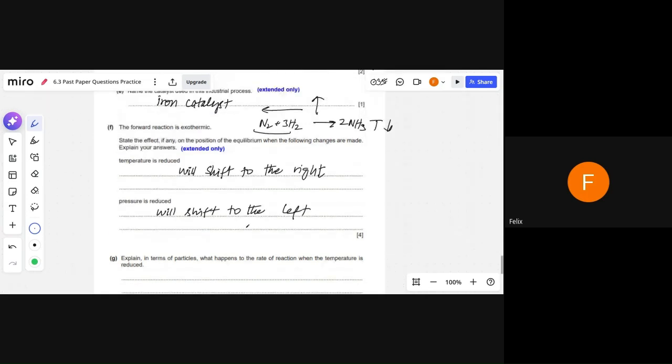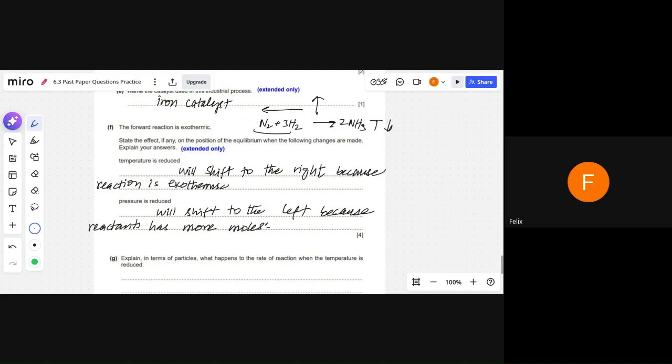Since it has 4 marks, you have to give the reason as well. It will shift to the right because the reaction is exothermic. And if pressure is reduced, the reaction will shift to the left because the reactants have more moles.